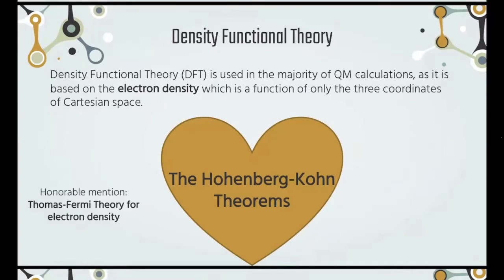It is based on the electron density, which is a function of only three coordinates of the Cartesian plane. Basically, instead of using the wave function, you use electron density, right? Later, I'm going to go more in depth as to how they get here, but at the heart of it, which is why I put a heart, are the Hohenberg-Kohn theorems, which are also based on the Thomas-Fermi theory for electron density. So I really wanted to introduce it here as well.